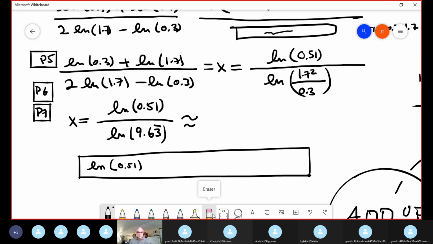Close the parenthesis. I put the top part, division now. Close the parenthesis, important, close the parenthesis. Division now, and the bottom is ln again, but 9 point something, 9.63. Close the parenthesis, press enter.